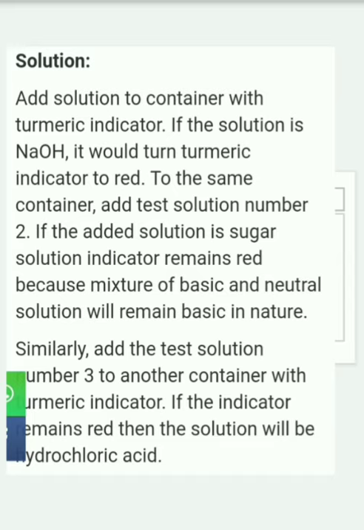Similarly, add test solution number 3 to another container with the turmeric indicator. If the indicator remains red, then the solution will be hydrochloric acid. So a base turns turmeric solution red, but acidic solutions have no change.